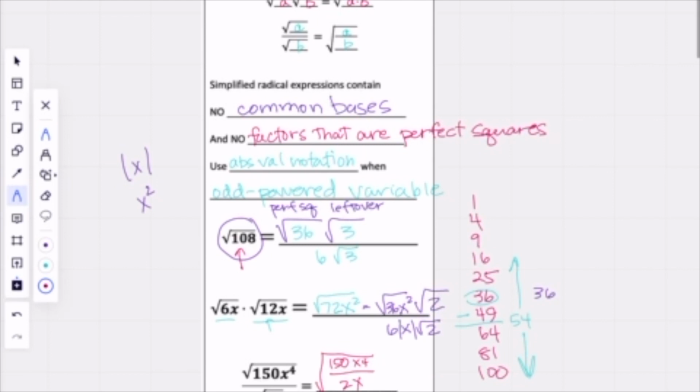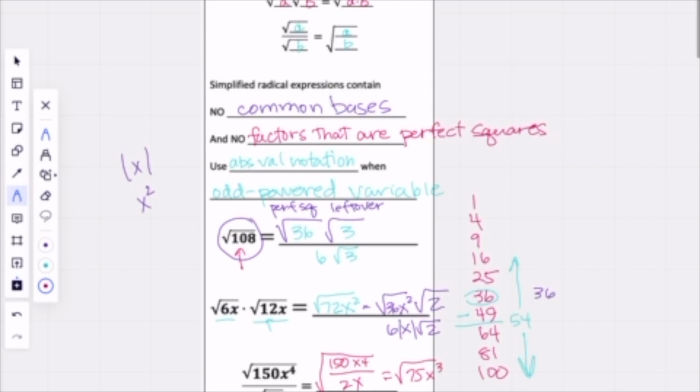Now let's take that fraction and simplify it. 150 divided by 2 is 75. X to the fourth divided by x is going to be x cubed. Already we're making good progress.